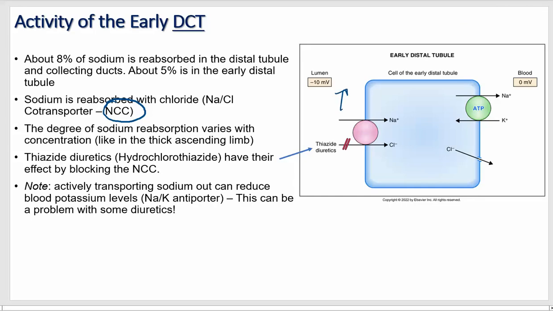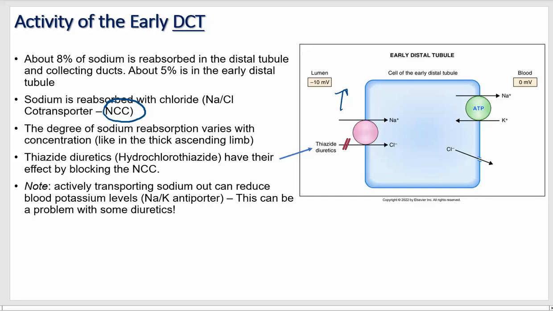The degree of sodium reabsorption varies with concentration, one of those local automatic regulatory mechanisms. Thiazide diuretics, hydrochlorothiazide is an example, or chlorothiazide, I don't know. Hydrochlorothiazide is a diuretic that has its effect there, and they block that NCC, the sodium chloride cotransporter.